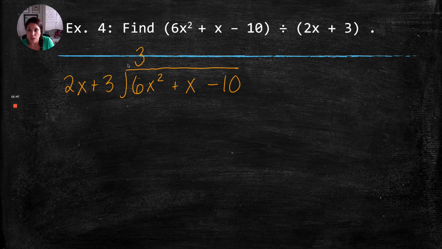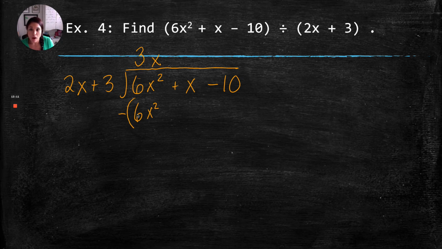Take baby steps. And then how many times would it take for x to go into x squared? And by applying the product rule, you know that x times x is x squared. So 3x times 2x is 6x squared. We subtract, just like always in long division.